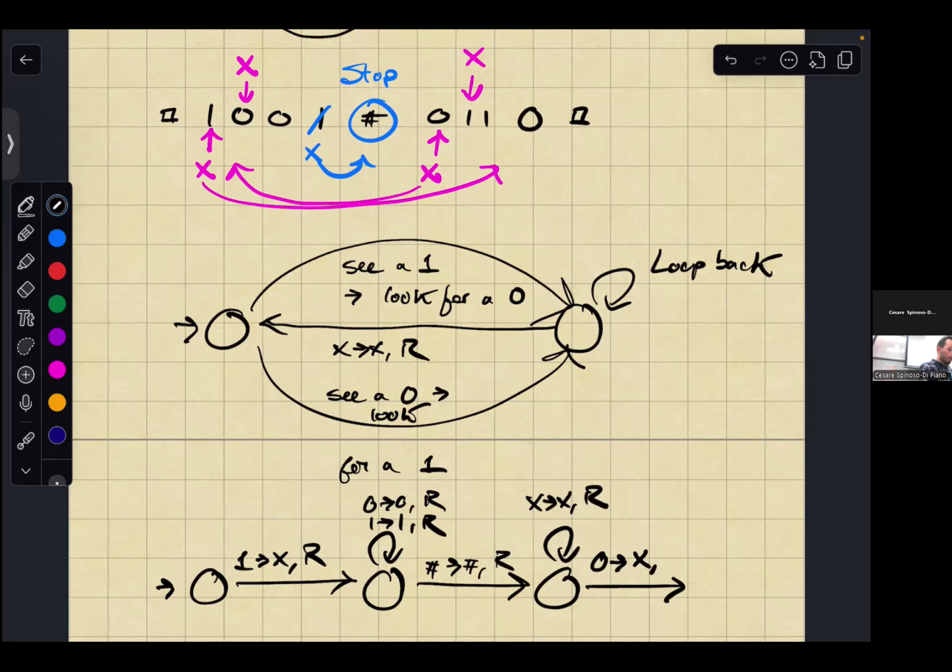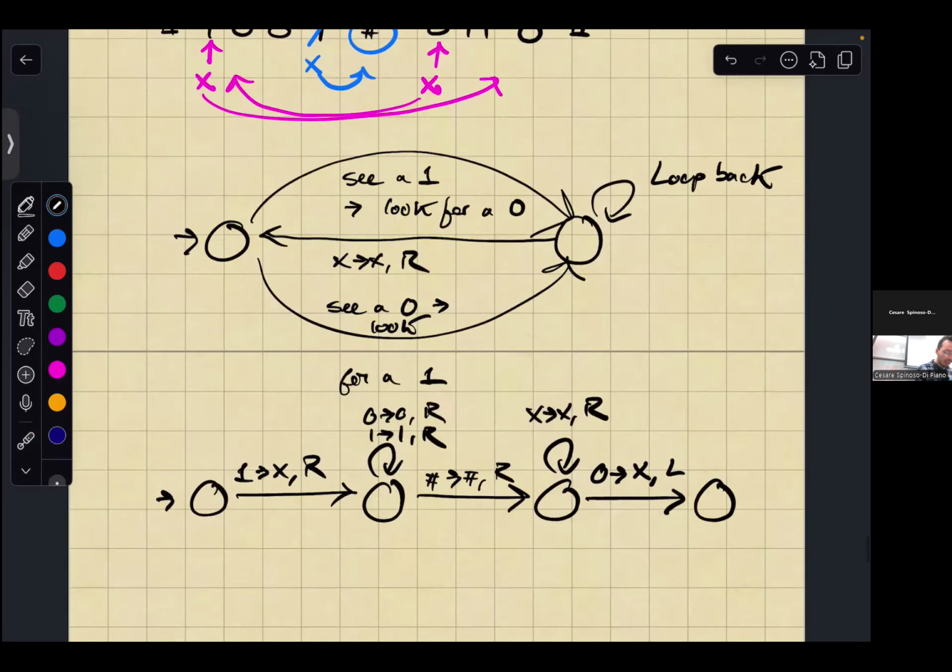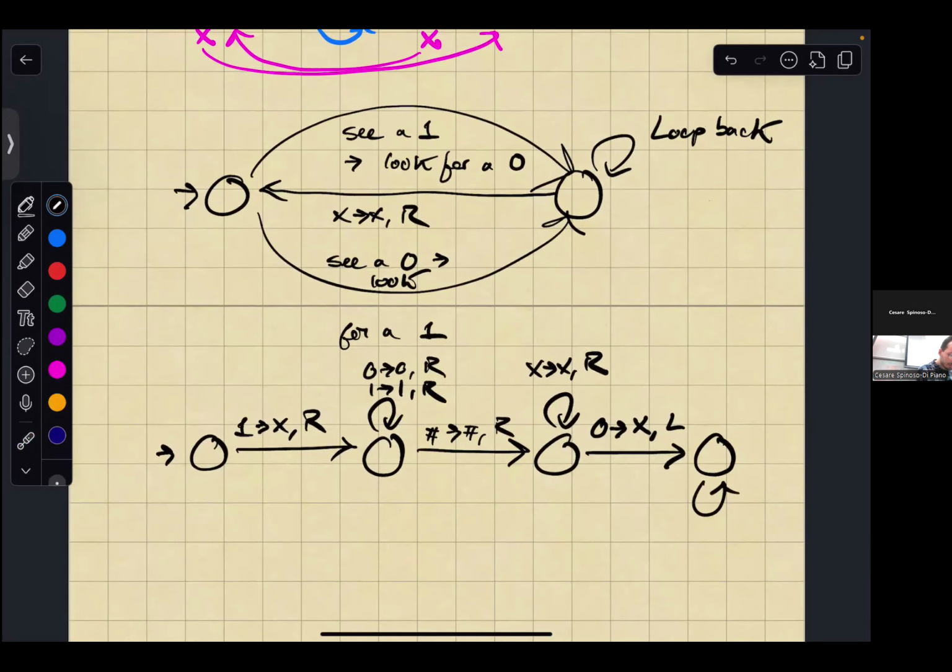And now it's time to start closing this while loop and go back all the way to the start of the machine. So I'm going to go left and start moving back through my X's. Given that I saw a hash on the way here, I should see a hash on the way back.